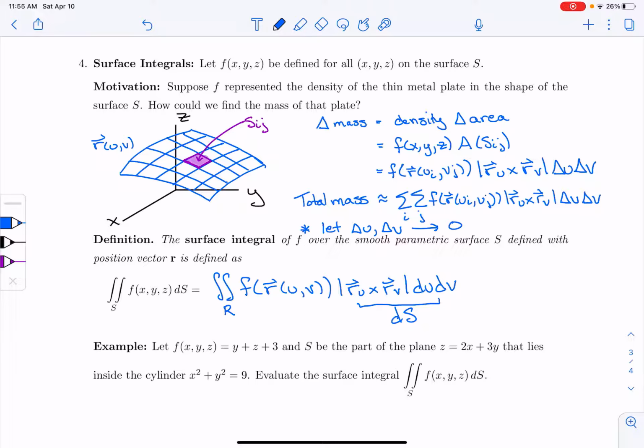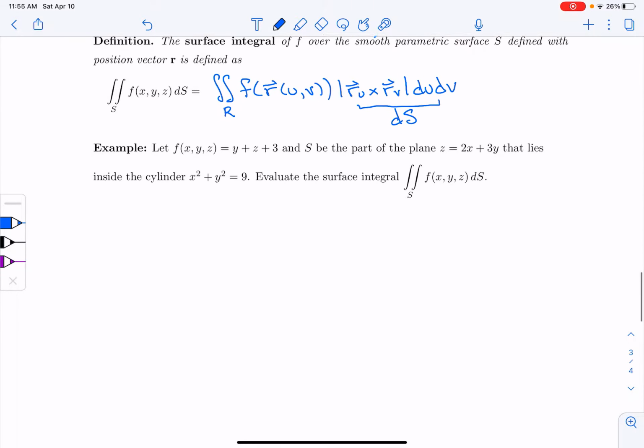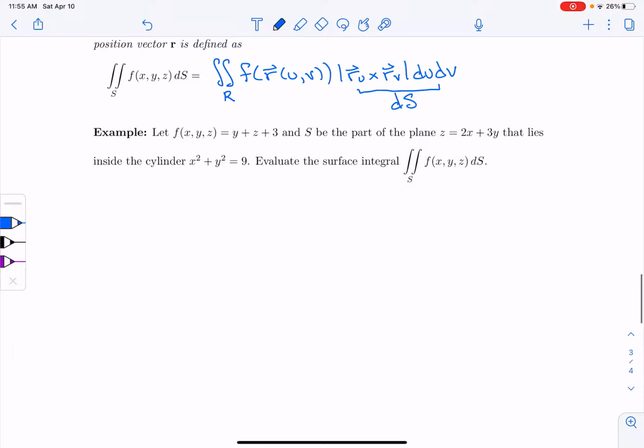So let's do another example. We're going to let f of x, y, z equal y plus z plus 3. And it's part of the plane z equals 2x plus 3y that lies inside a cylinder.